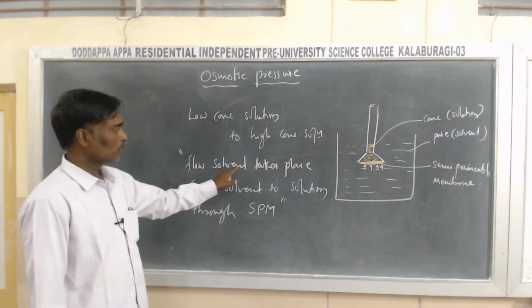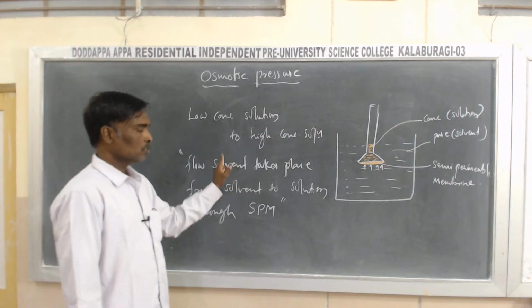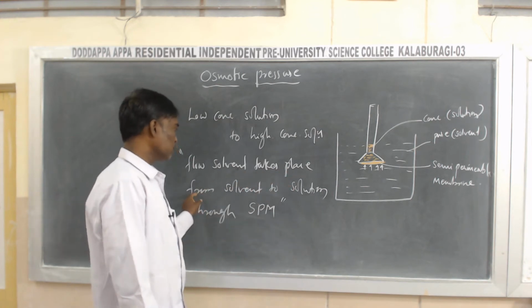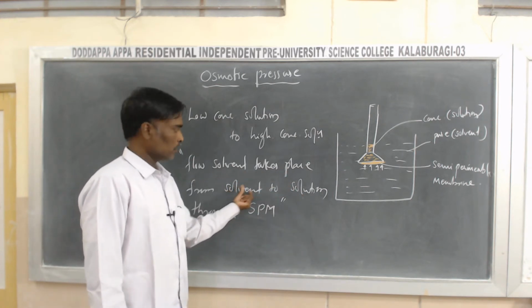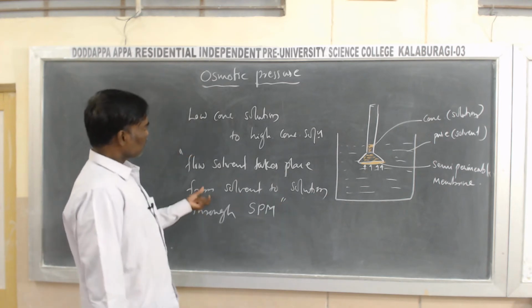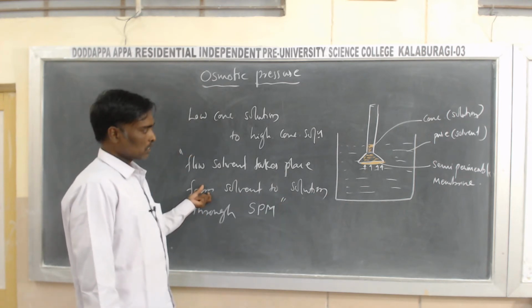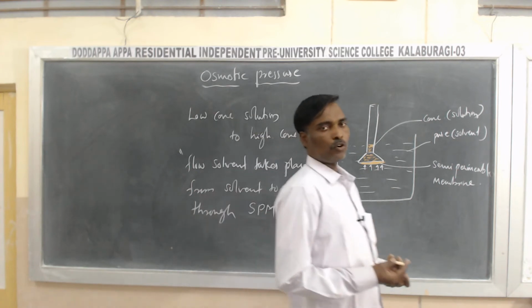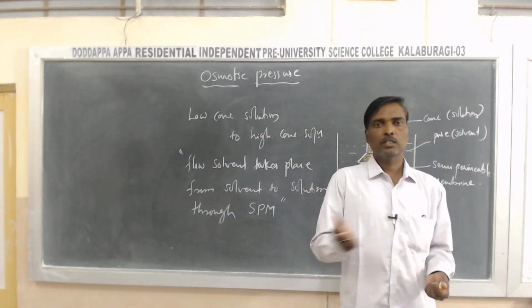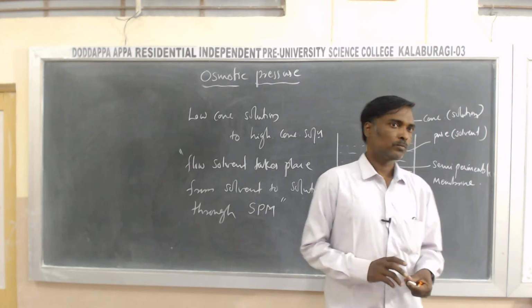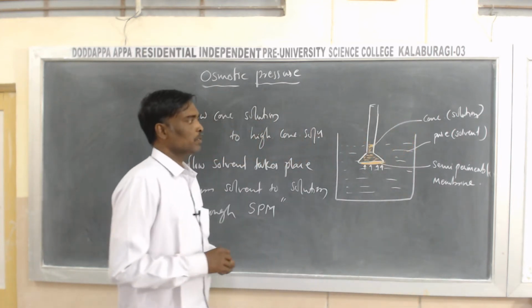That is the flow of solvent molecules from a solvent to a solution. That is how we define osmosis. Or the flow of the solvent molecules takes place from a low concentrated to a high concentrated solution through a semi-permeable membrane.